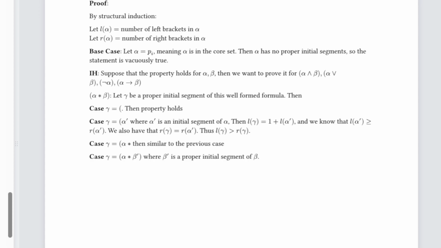And what this means is it's basically going to be the same process as the second case.